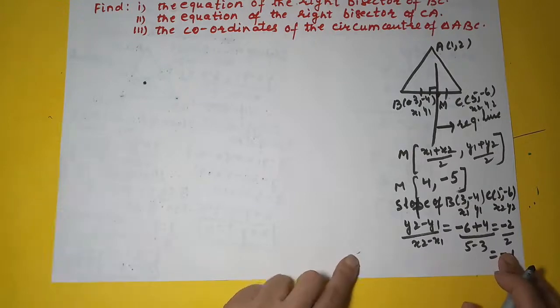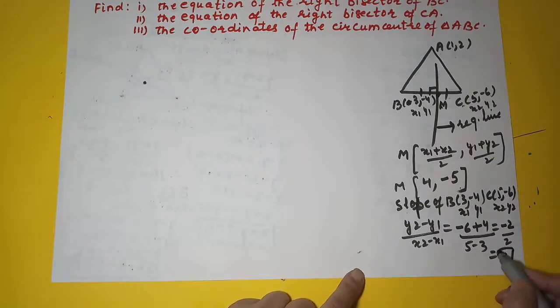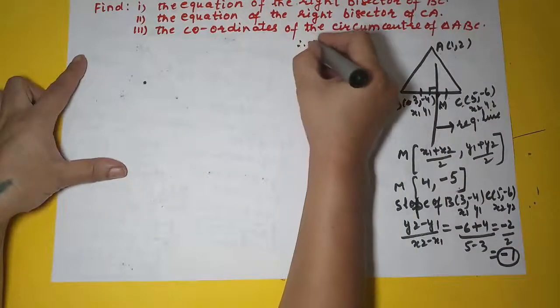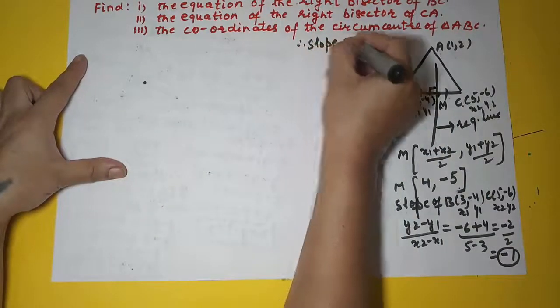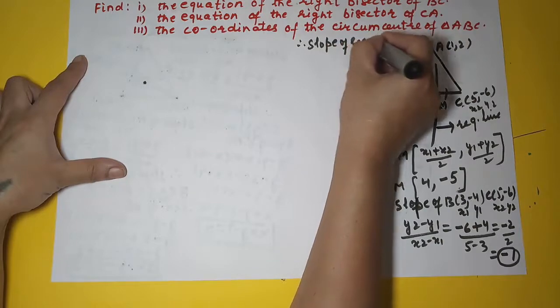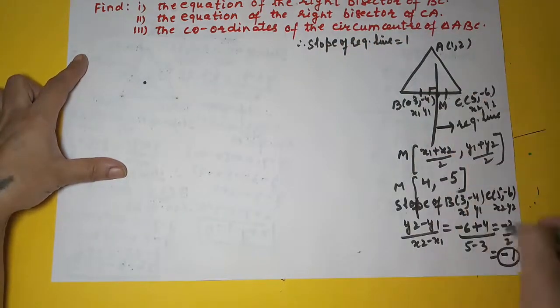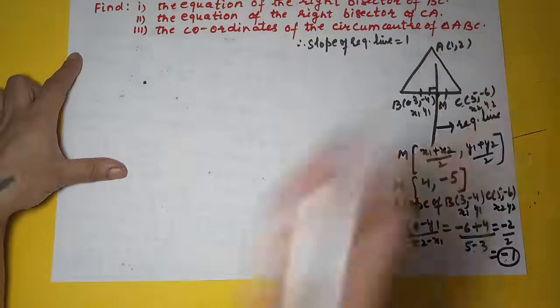So the slope of BC is -1/4... Slope of BC is -1. Therefore, the slope of the required line will be +1, because if you multiply these two slopes, the product is -1. So one slope is -1 and another slope will be 1.